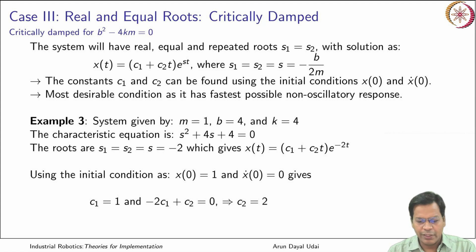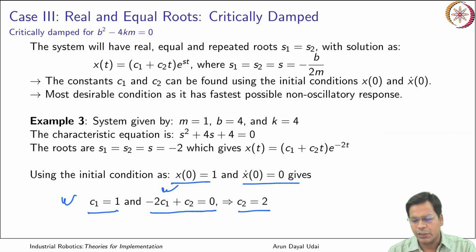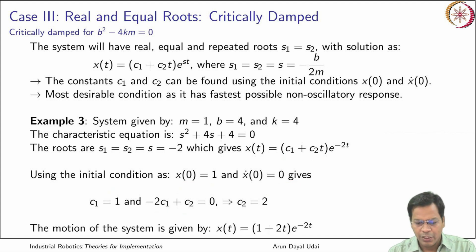Taking the derivative of this and substituting the initial boundary conditions, I can get two equations, that is c1 equal to 1 and minus 2 c1 plus c2 equal to 0. So these two are the simultaneous equations. Solving this, I got c2 equal to 2. So c1 and c2 both are obtained. That can now be put here and you get the complete time domain solution.